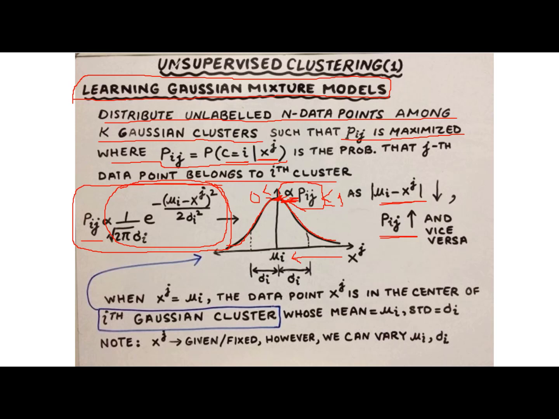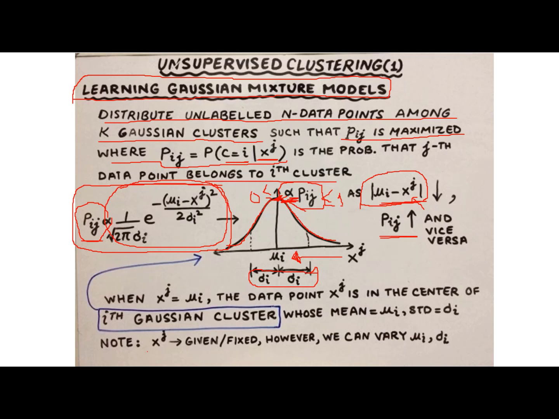The mean of the ith Gaussian random variable, which we are now associating with the Gaussian cluster, is mu I, and the corresponding standard deviation is sigma I. And so if we wish to maximize the value of Pij, then we wish to reduce the difference between the mean value of the cluster and the value of the data point.